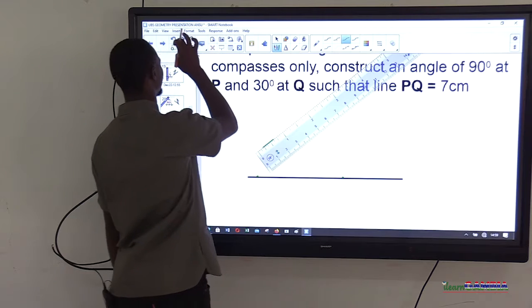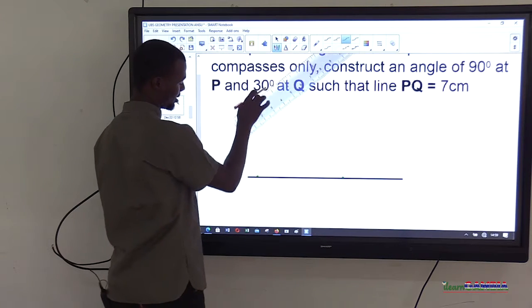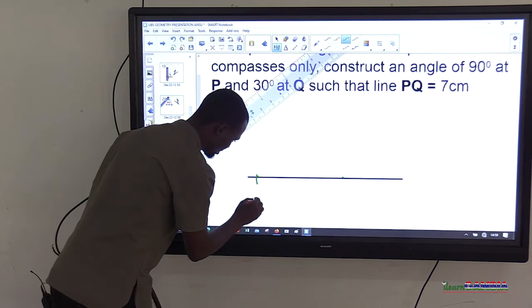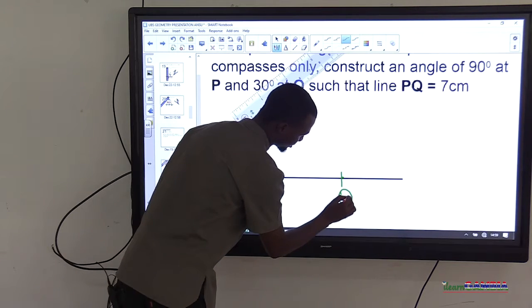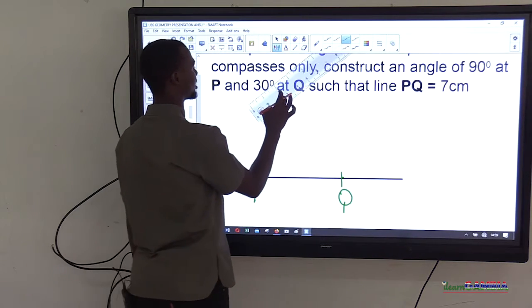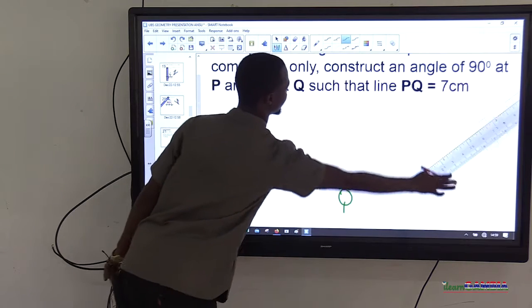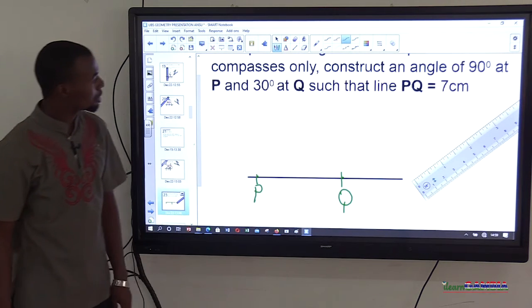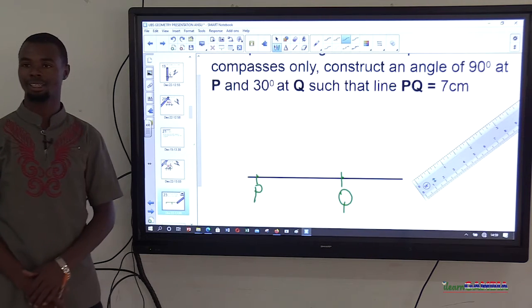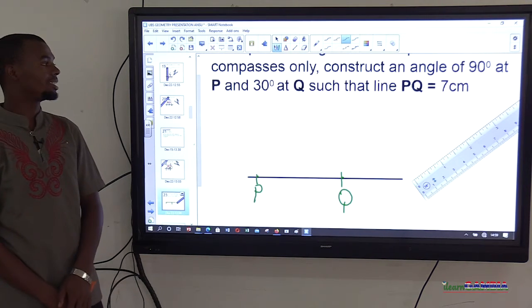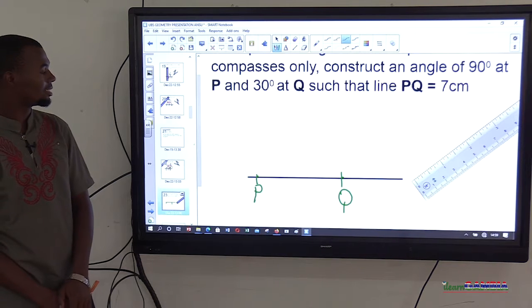So we have our line. This is P, and this is point Q, and the distance apart is 7 centimeters. So we construct 90 degrees at P and 30 degrees at Q.